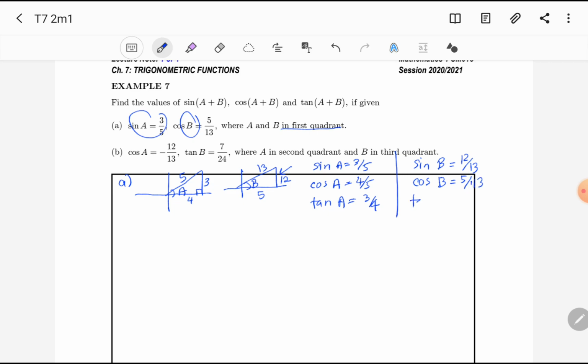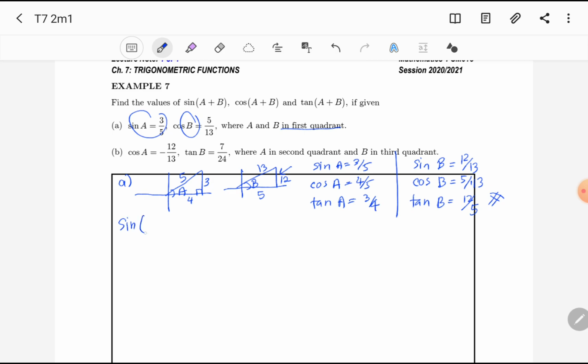Okay, and the last one, tangent B equals to, okay, tangent pula, tangent. Yes? Okay, 12/5. Okay, good. So, kita dah dapat dah semua dia punya ratio tu. Okay, so kita nak jawab soalan dah sekarang.